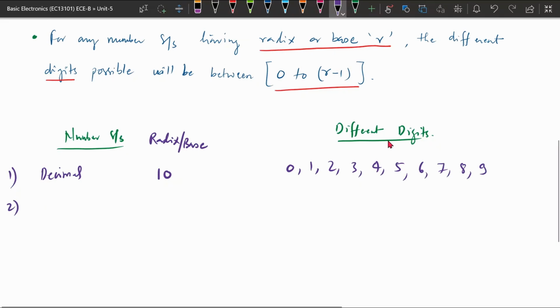Another number system is binary, which has radix, that is base, 2. So the possible digits range between 0 and 2 minus 1, that is 1. So 0 and 1 will be there. Next one is octal.